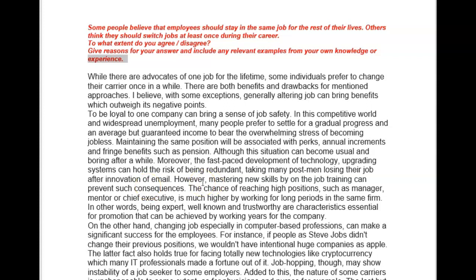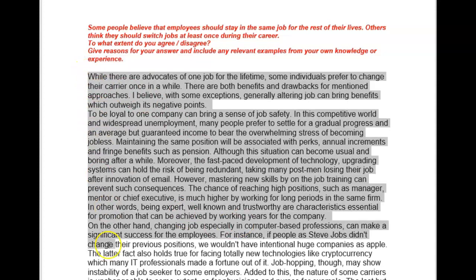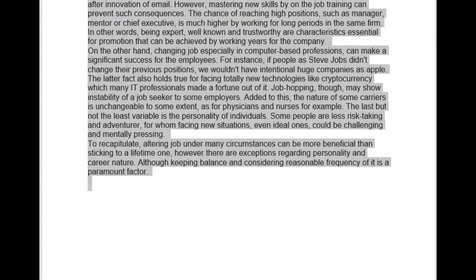"However, mastering new skills by on-the-job training can prevent such consequences. The chance of reaching high positions such as manager, mentor, or chief executive is much higher by working for long periods in the same firm. In other words, being an expert, well-known, and trustworthy are characteristics essential for promotion which can be achieved by working years for the company." Okay, so check it out. You've actually got a really long essay in general.